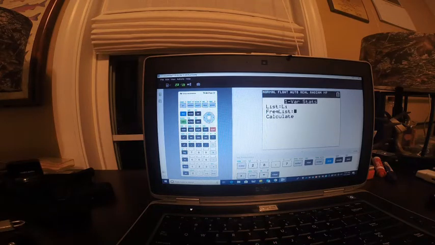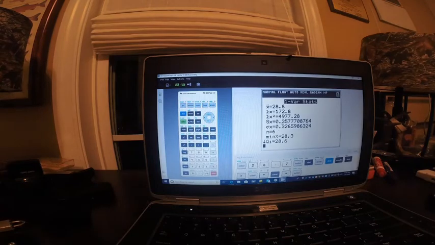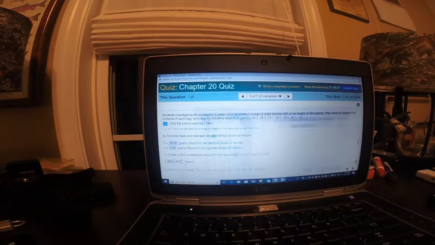Just clear that out. Only thing you need is list 1 and hit calculate. It tells you your mean is 28.8 and your standard deviation, it gives you that as well, and it matches exactly what you have here. 28.8 for your mean, standard deviation right here. S of x, sample standard deviation 0.357777, whatever. We rounded to 2 decimal places, 0.36.